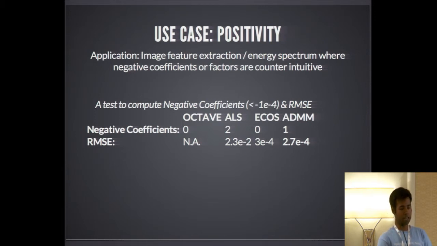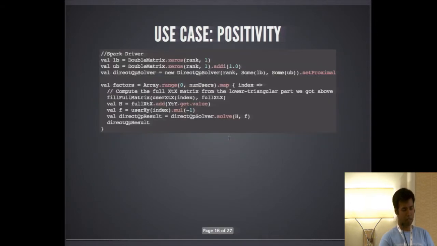In the test, we are showing a very basic proof of concept of how different the result is from Octave. We found that almost all of them give very similar answers, except that we got more pure results with ECOS and ADMM.